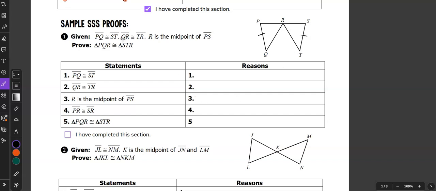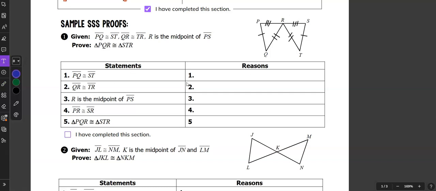They also tell me that QR and TR are congruent. And then they tell me that R is the midpoint of segment PS. So what that tells me is that PR and RS are congruent. And they want me to prove that PQR is congruent to STR.